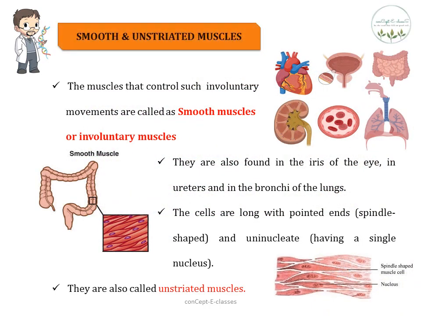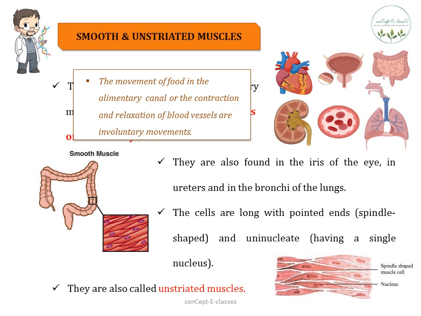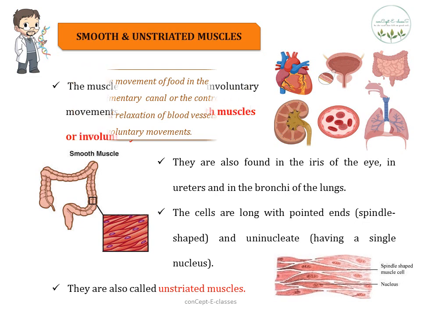Now let's see smooth and unstriated muscle. Now there are certain muscles that we cannot move under our own will. For example, the movement of food in the alimentary canal or the contraction and relaxation of blood vessels. These all are involuntary movements.